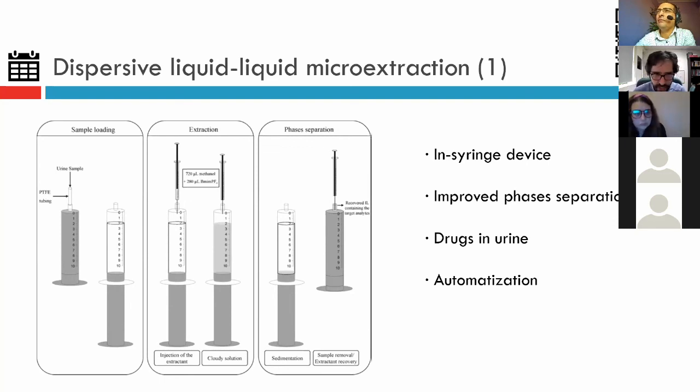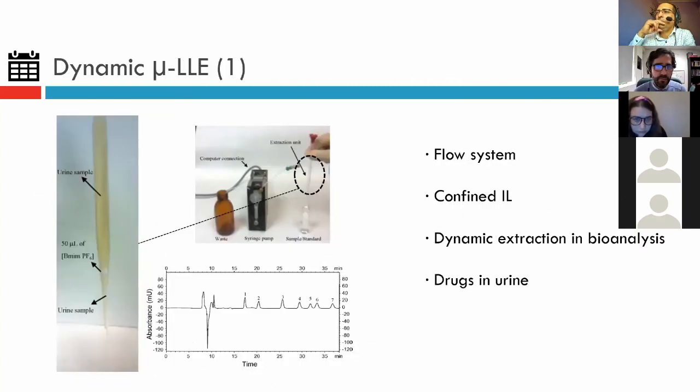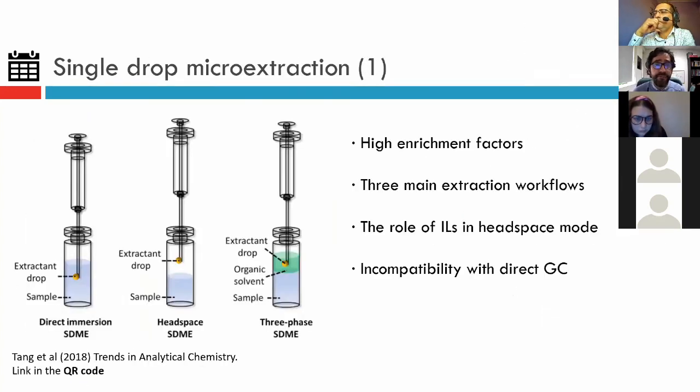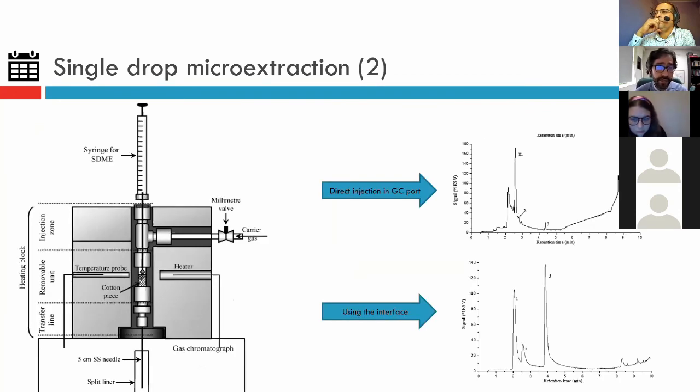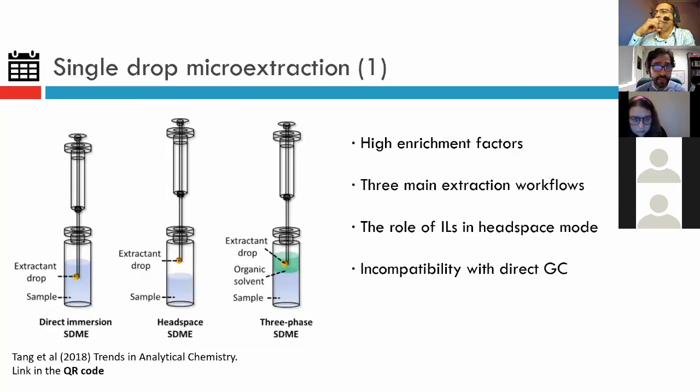I can say that if you compare all these approaches, we are far from the equilibrium in single drop microextraction, because to reach the equilibrium we need a very large extraction time, and this is not practical, because in this case you need 2 hours for each sample.